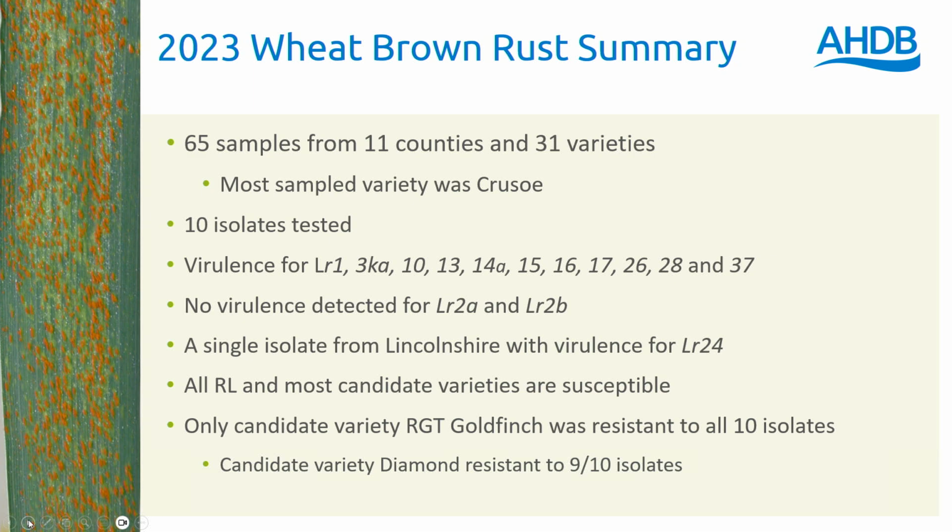No virulence was detected for leaf rust genes 2A and 2B. In a single isolate from Lincolnshire, we found virulence for STIG, which carries the gene LR24. All the RLs and most of the candidates were susceptible, apart from RGT Goldfinch, which is resistant to all 10, and Diamond, resistant to 9 out of 10.